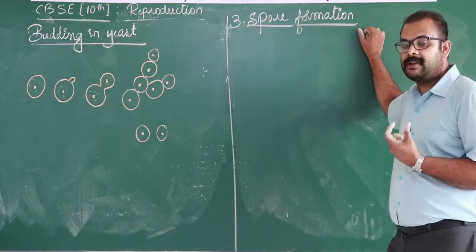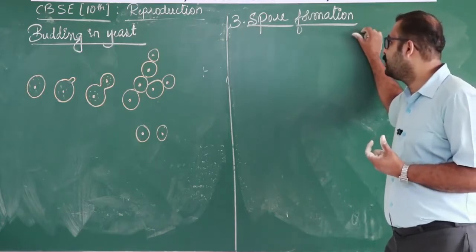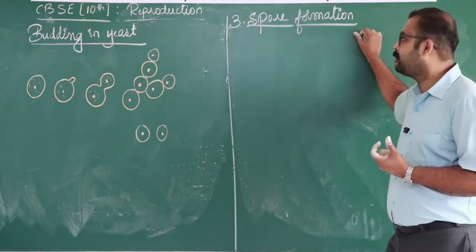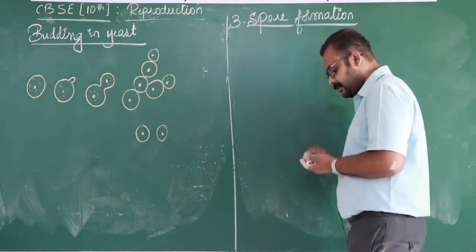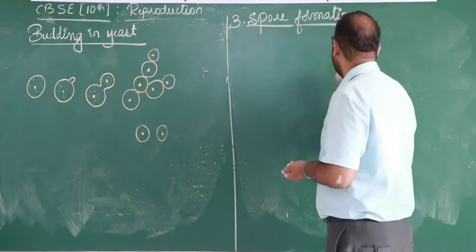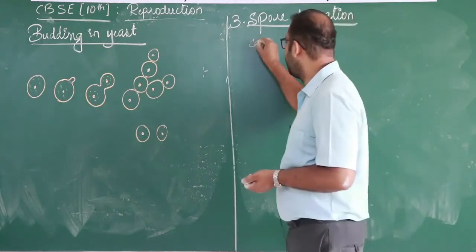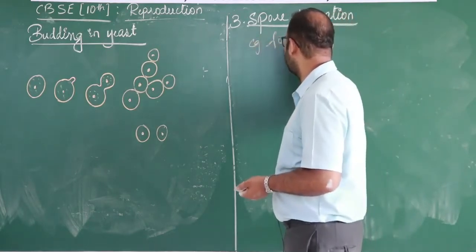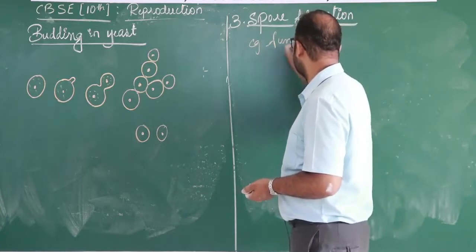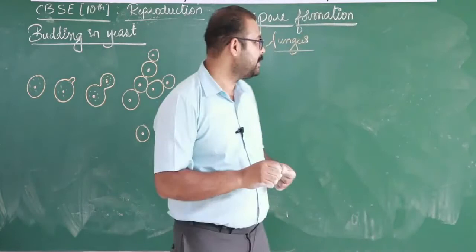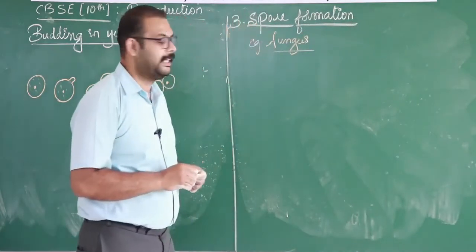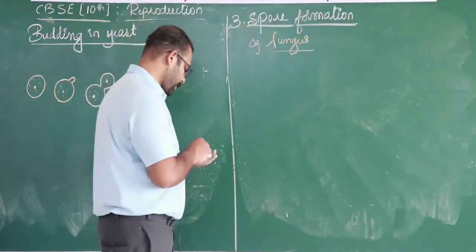This method of reproduction is called spore formation. Spore formation is mainly observed in lower organisms like algae as well as in fungi. Let's see how spore formation takes place in a fungus.